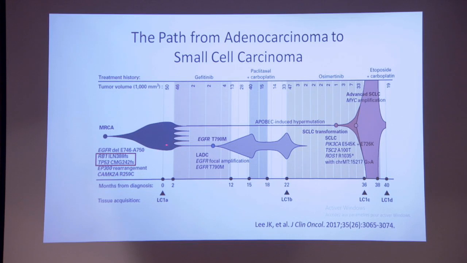As with our patient, you can see one clone developing the T790M mutation and having an outgrowth of resistance that can be responsive to things like osimertinib therapy, but with a more major clone undergoing this small cell transformation with acquisition of a couple of other mutations along the way.